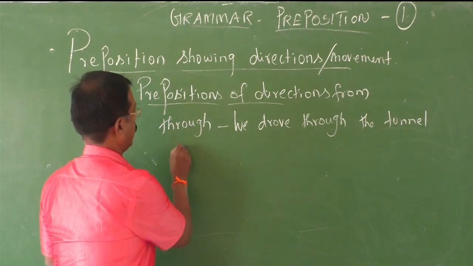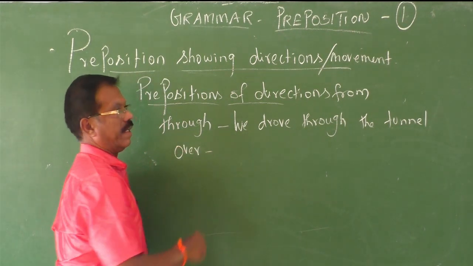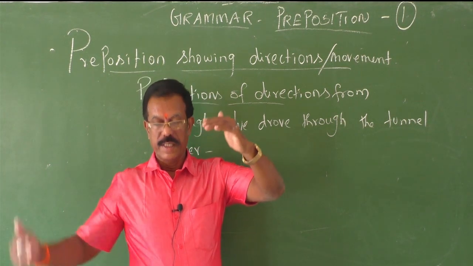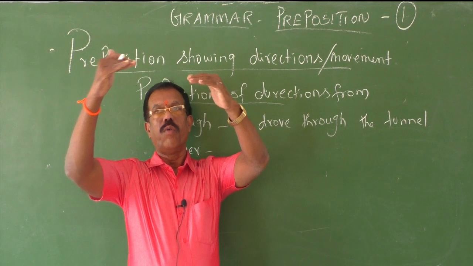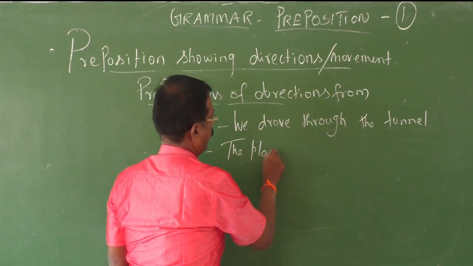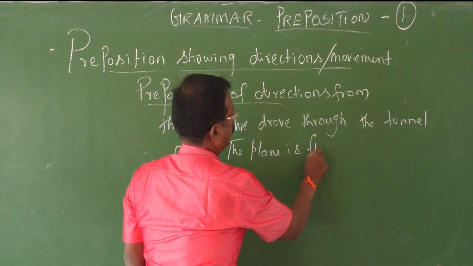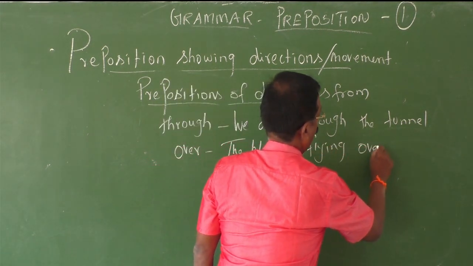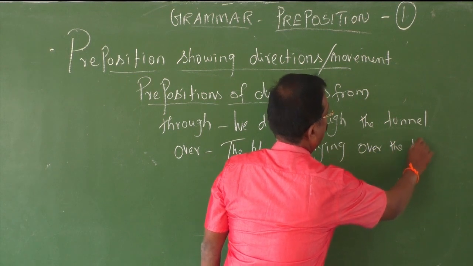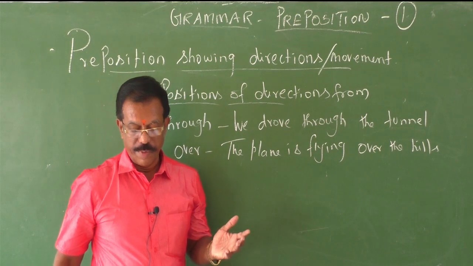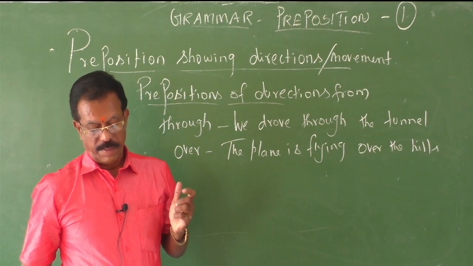Then over. Over is also a preposition showing movement. The aeroplane is flying over the hills. Okay, it also shows movement.